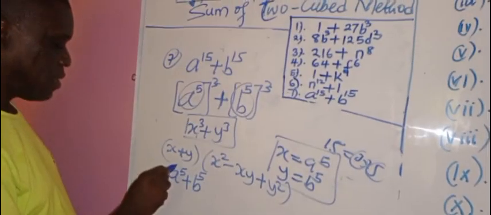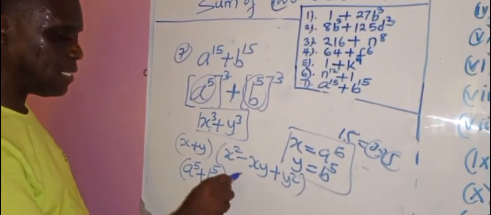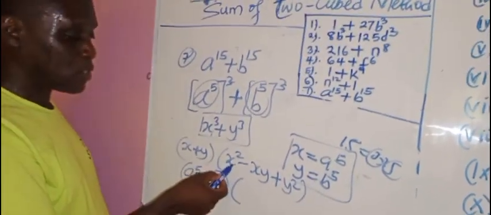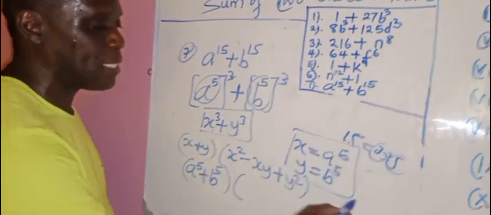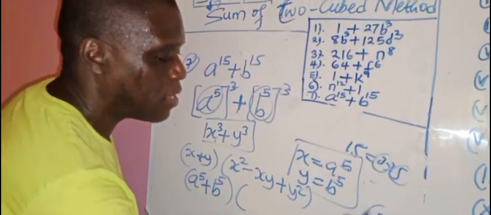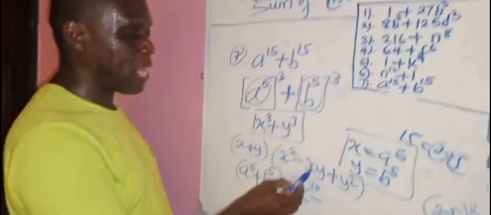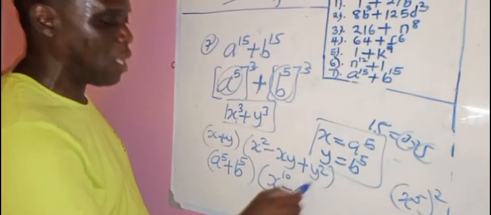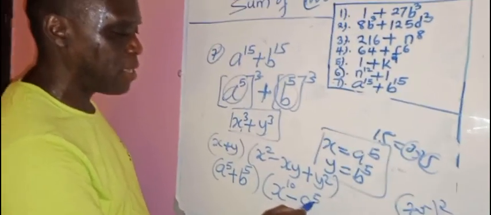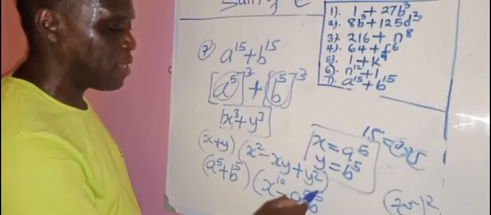There's something you can do to this one. Then this, our x is a raised to power 5 squared. That would be a raised to power 5 times 2, 10. That would be a raised to power 10. Do you understand that? Minus, pick one x, pick one y. That means this one times this. That would be a raised to power 5, then b raised to power 5. It always ends with plus.